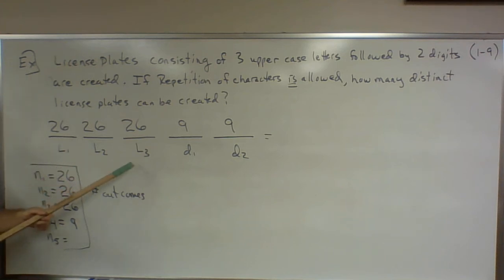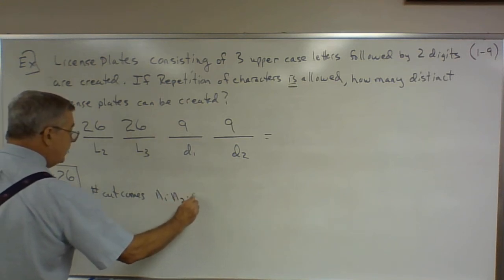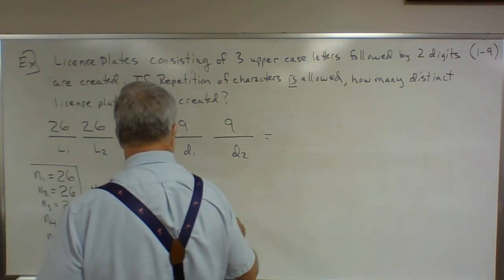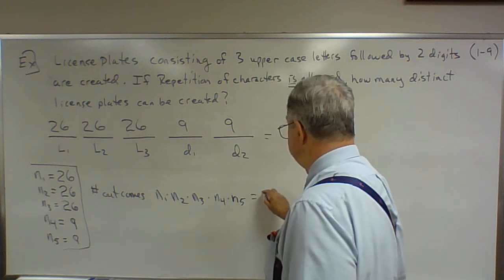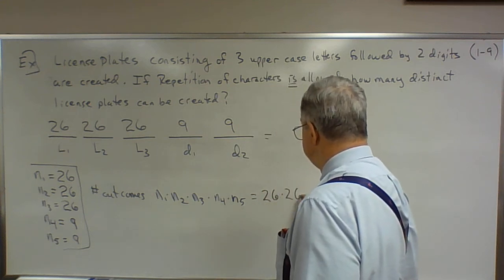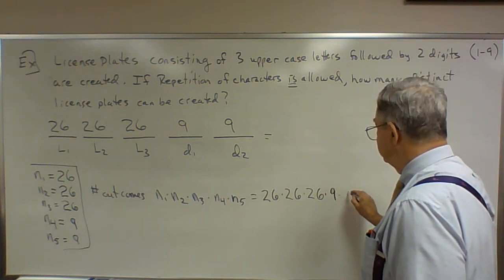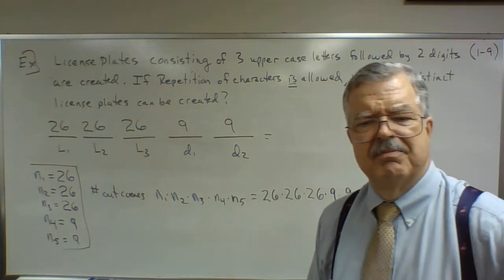This is a 5-stage experiment. The number of outcomes is just N1 times N2 times N3 times N4 times N5, which equals 26, 26, 26, 9 times 9.